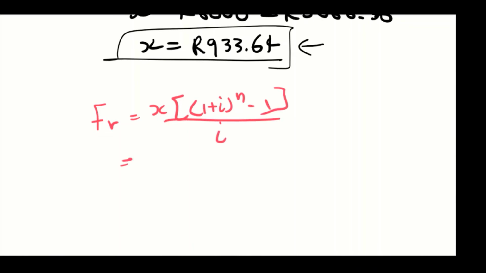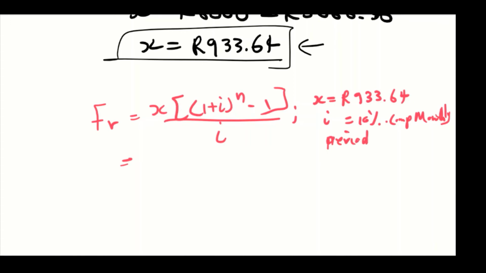So in future, Mandy is going to make the following amount, but before we do that, we know x is equal to 933.64. The i is equal to 10% compounded monthly, right? Remember that this repayment is made for a period of 9 years, right?